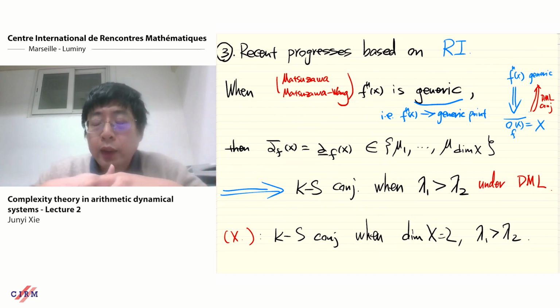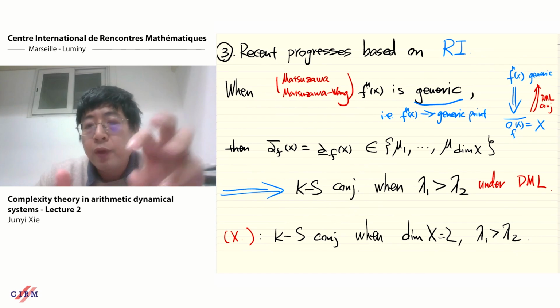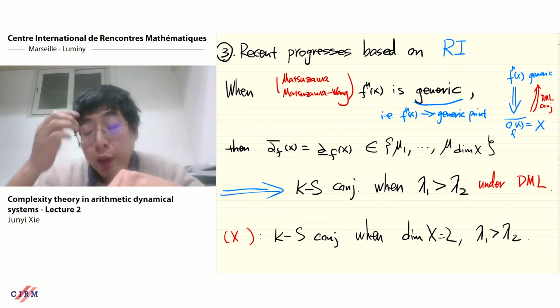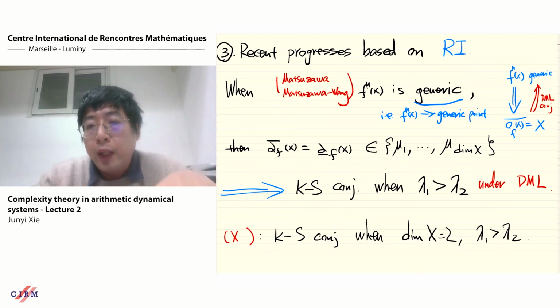We can see that in the Kawaguchi-Silverman conjecture, the condition is something like the orbit of x is Zariski dense. And here, the condition is something like the f^n(x) is generic. So what's the relation between these conditions? First, if f^n(x) is generic, of course its orbit is Zariski dense.